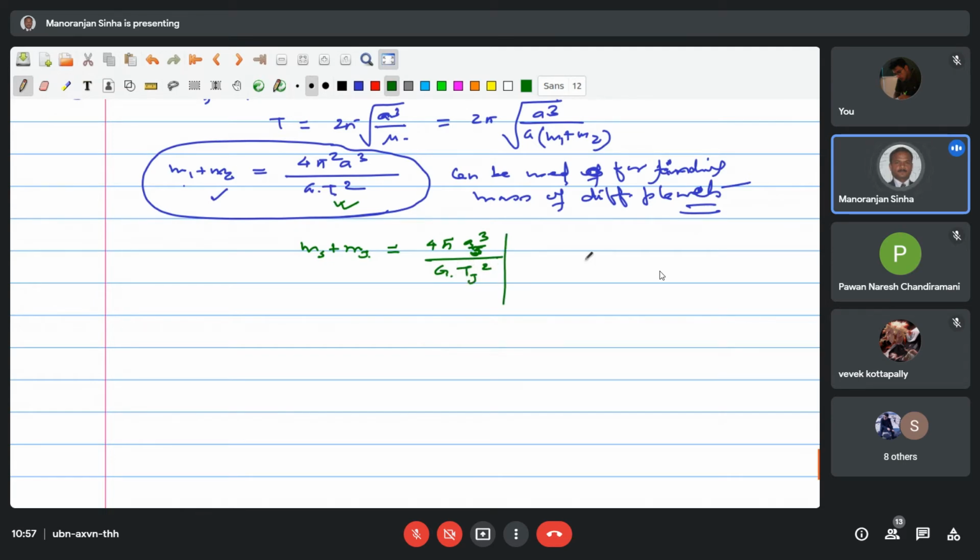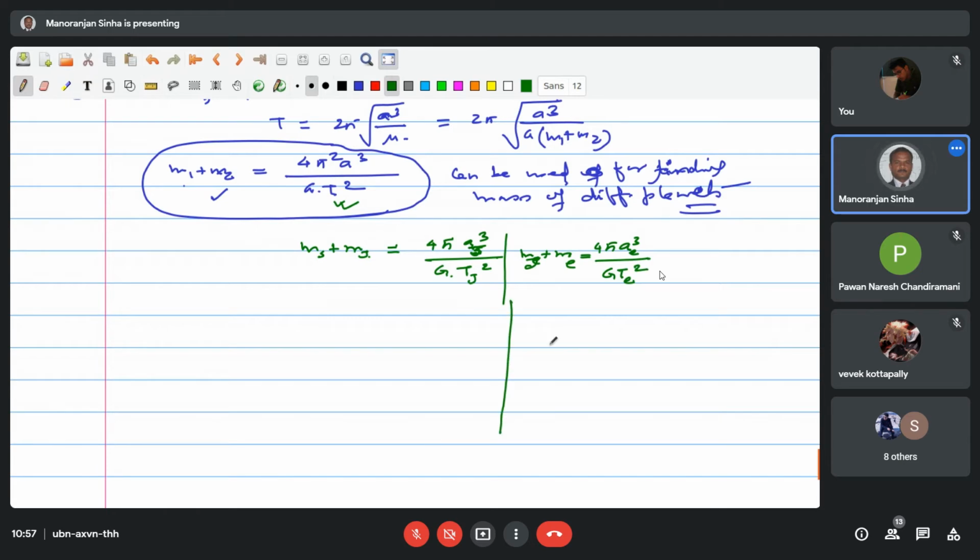And similarly, M Jupiter plus M Europa is equal to 4 pi square A Europa whole cube divided by G times T Europa whole square.